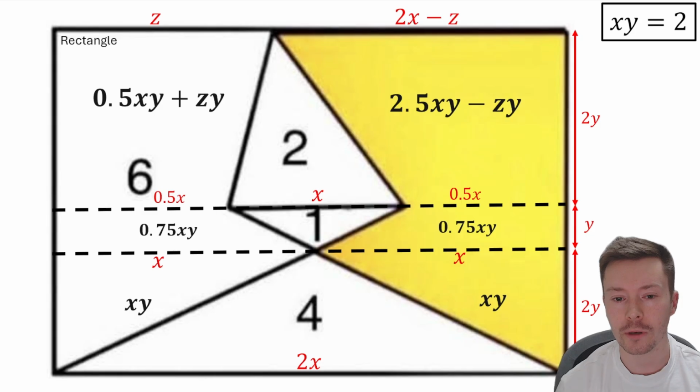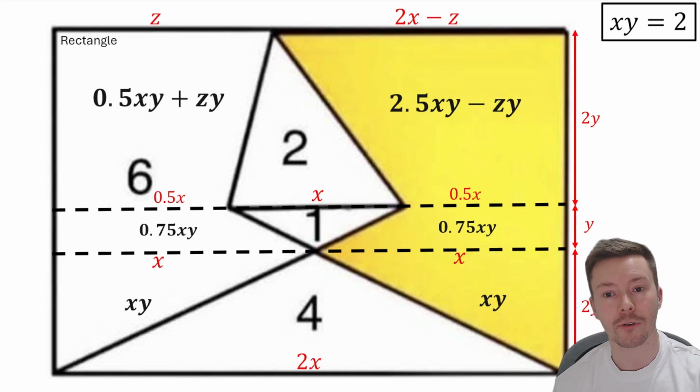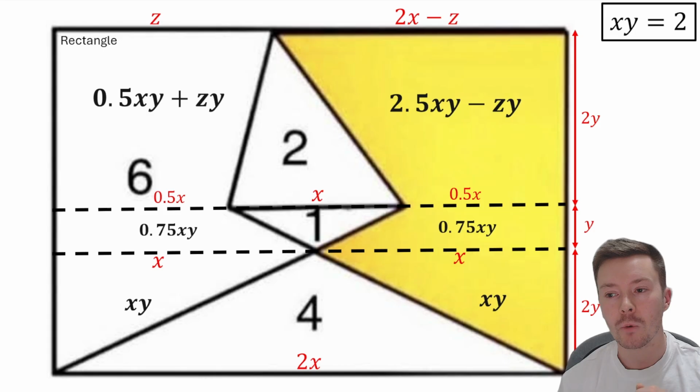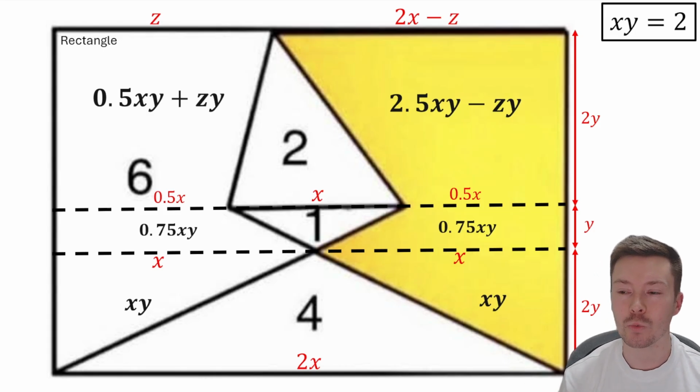And at this point, you might be thinking, okay, I've just got a load of letters here. I've got x, y, and z, 3 letters, and I've only got one equation because I've only got the 1/6 there. But we have got the equations from earlier where we used the other triangles, and we have got xy is equal to 2.